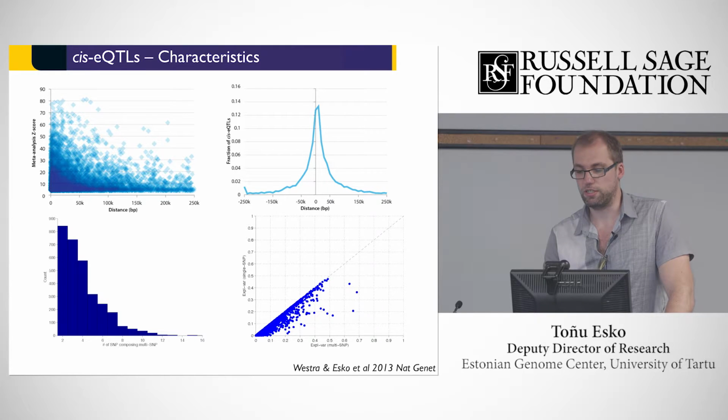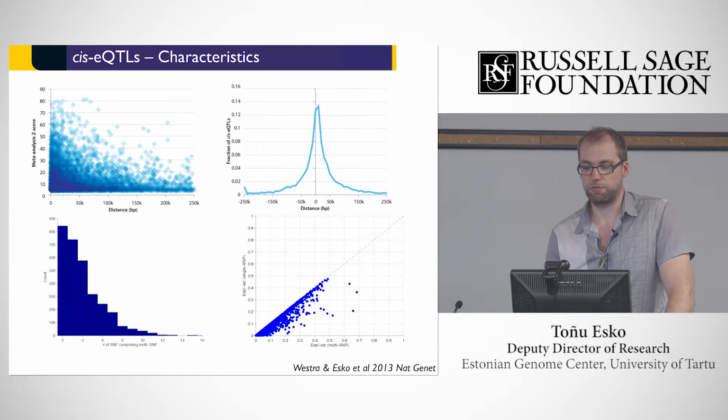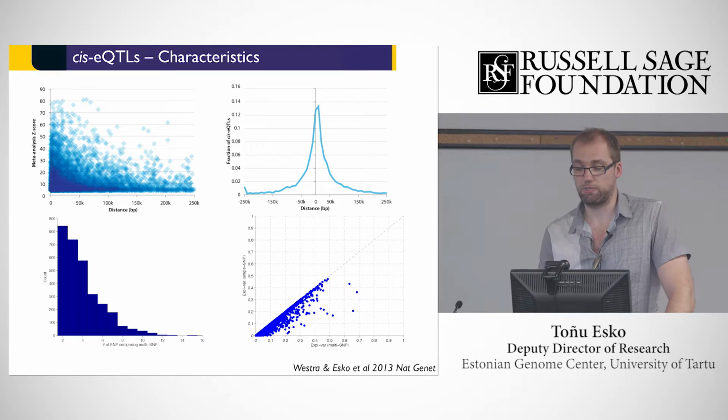And here, the last plot, this is where we have the variation explained by a single SNP and the variation explained by combining all those different SNPs per gene. There you can see that the effect sizes that we are talking about are much larger.